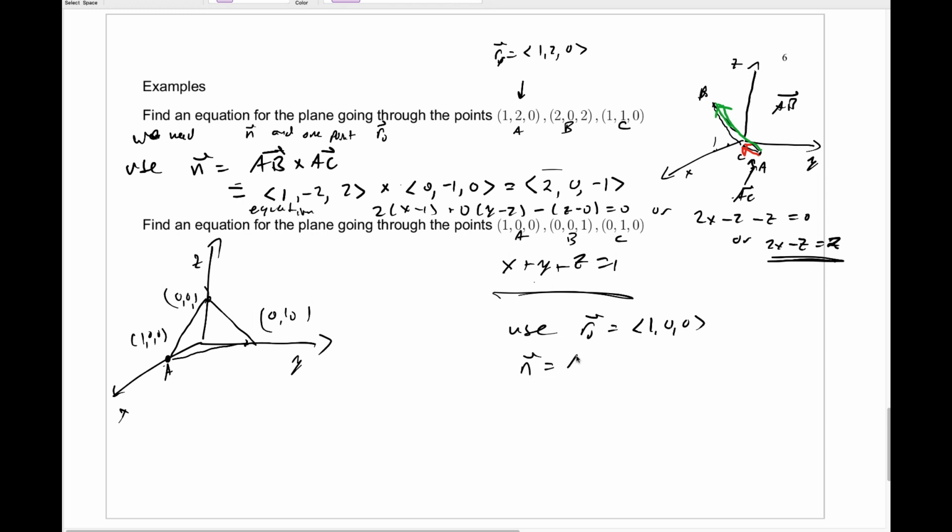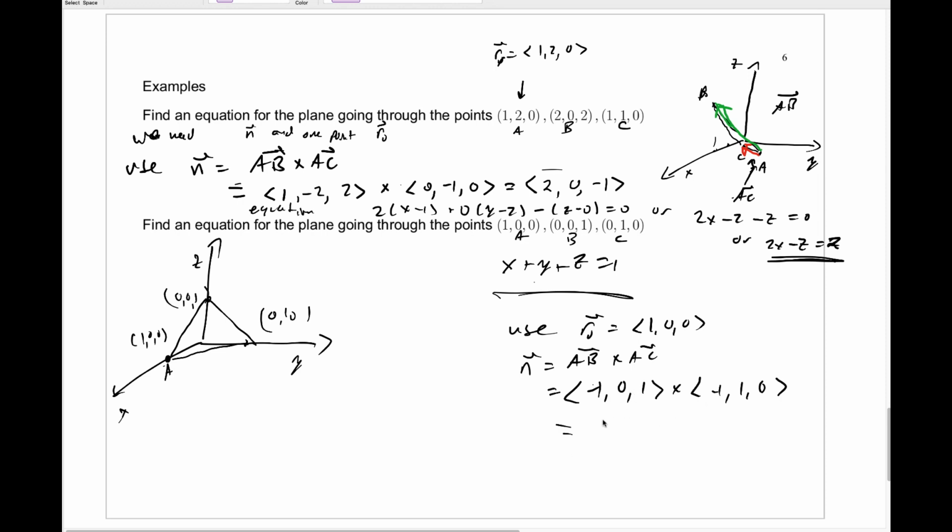Well, just as before, I can take AB cross AC, where now AB is the vector -1, 0, 1, and AC is the vector -1, 1, 0.